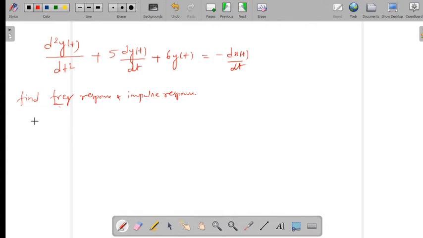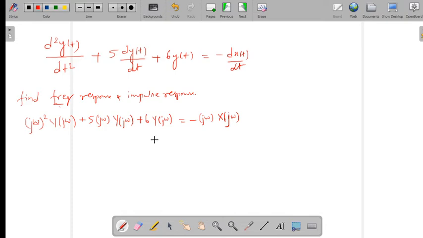Okay, so take the Fourier transform on both sides. I will get (j omega) whole square into Y of j omega plus 5 into j omega into Y of j omega plus 6 into Y of j omega is equal to minus j omega into X of j omega.